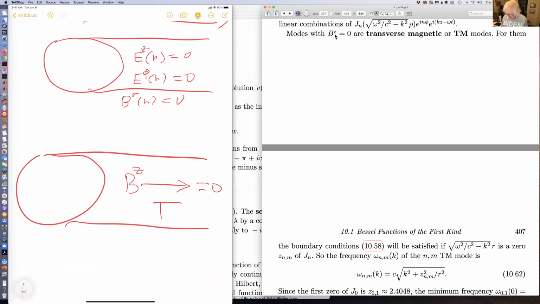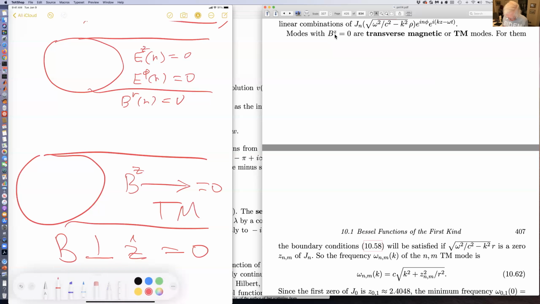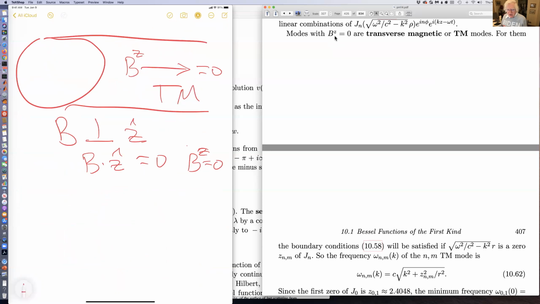This is called transverse magnetic because it means that the magnetic field B is perpendicular to Z. In other words, B dot Z hat equals 0, or just BZ equals 0. So these are called the TM modes.